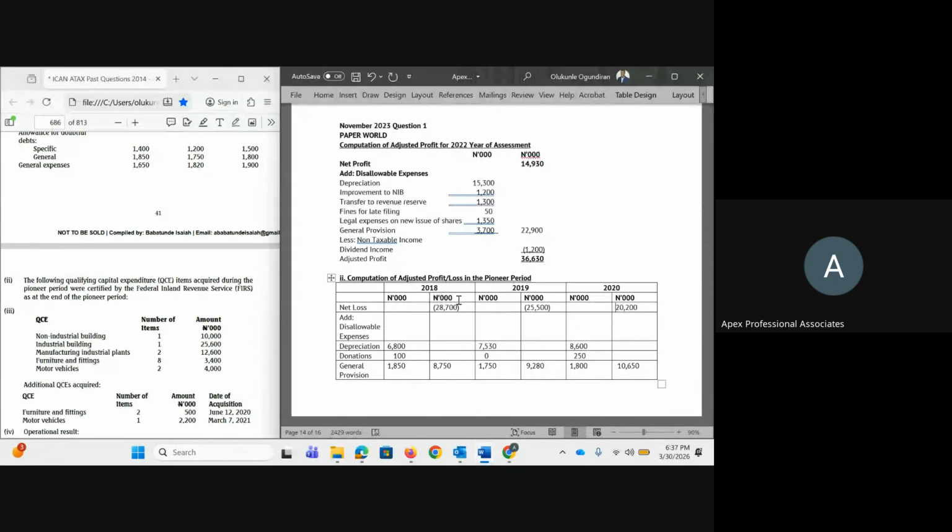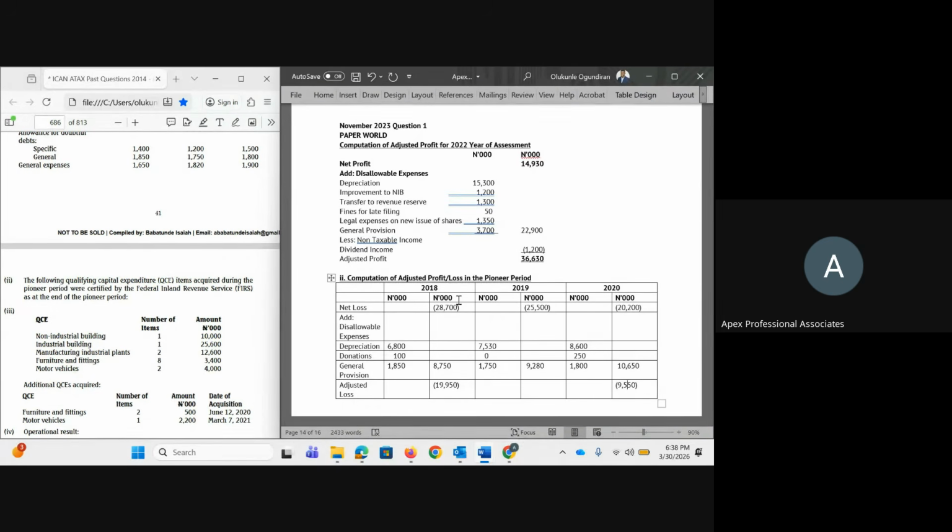So let's go ahead, get into it. Obviously, 19,950 for 2018. That's the adjusted loss, negative. 19,950. For 2020 is how much? 9,550.